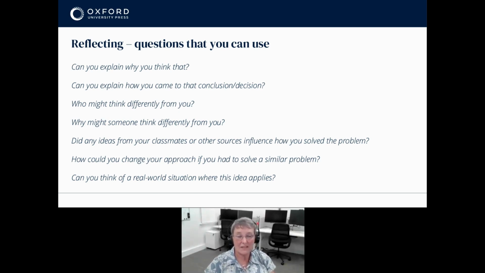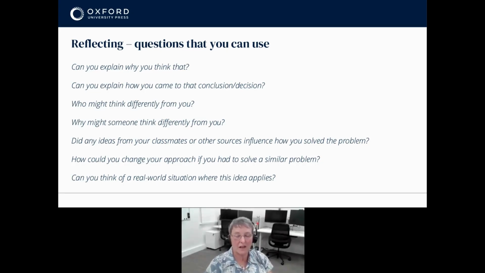Asking for ideas or other sources, how other people have influenced how you solve a problem. So if someone changes their opinion, ask them what made them change their opinion. The other thing that I found really useful is getting students who are very strong on an idea to think about what information would you need to change your mind. So this is a really difficult one for students.